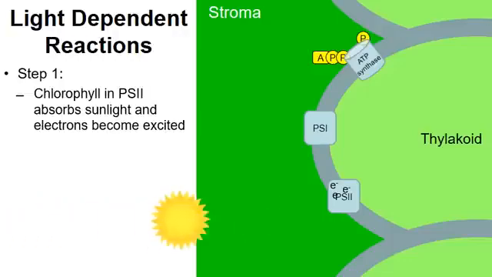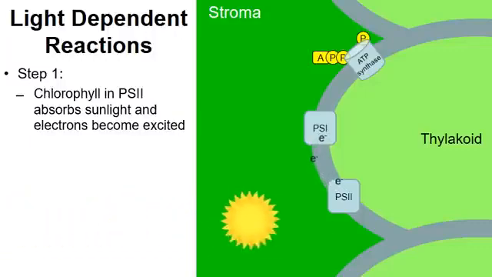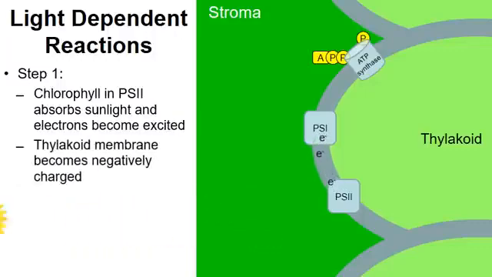So in my animation, sunlight is striking the chlorophyll molecules in photosystem number 2, and this causes their electrons to become excited. The electrons flow into the thylakoid membrane. As these electrons from chlorophyll in photosystem number 2 flow through the thylakoid membrane, this makes the membrane negatively charged.